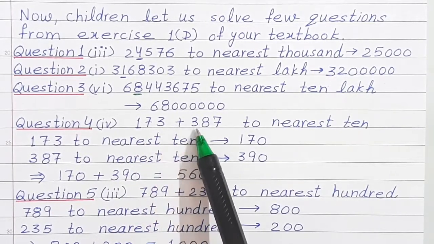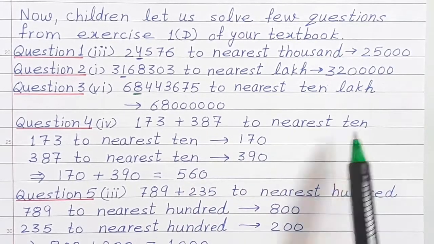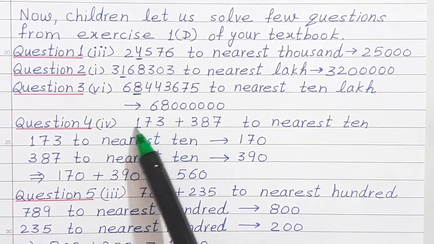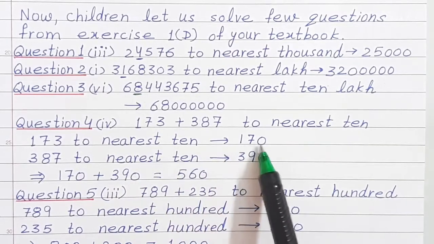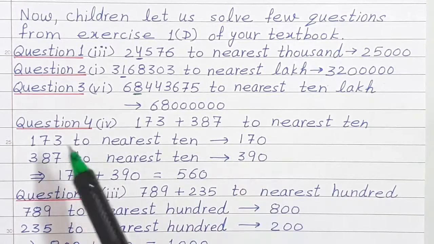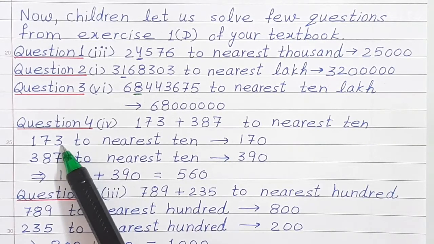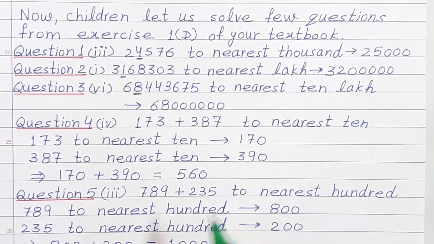173 plus 387 to the nearest 10. Now let us take 173. 173 to the nearest 10 will be 170. Why so? Because the digit at the unit place is 3, which is less than 5. So this 3 will become 0. Clear?